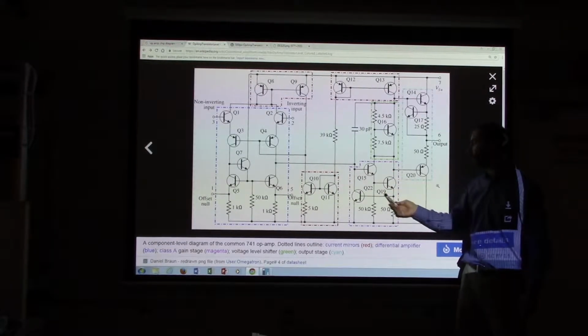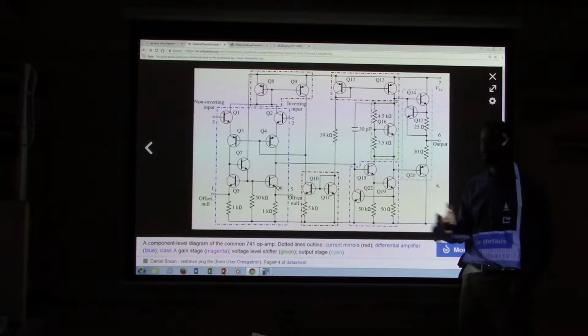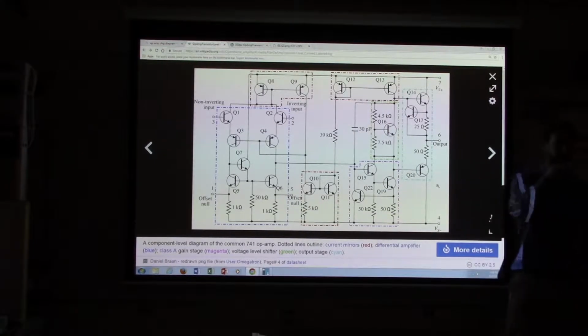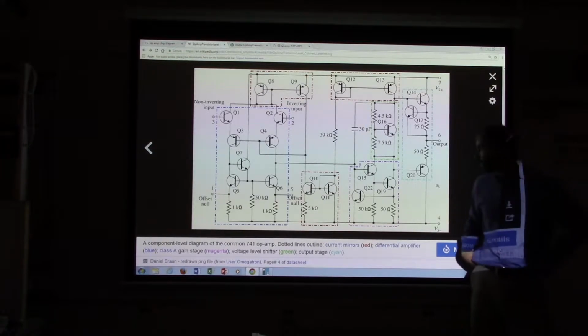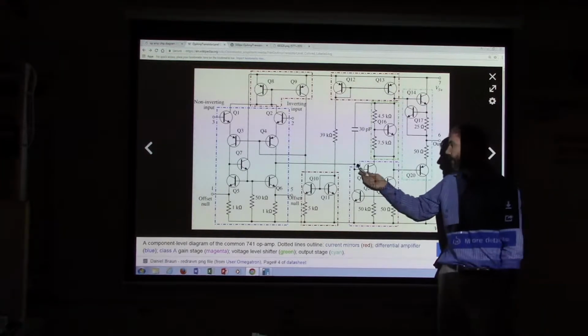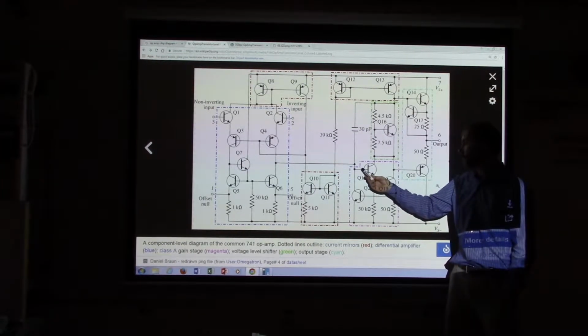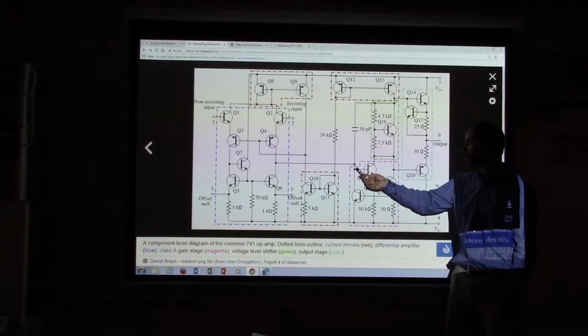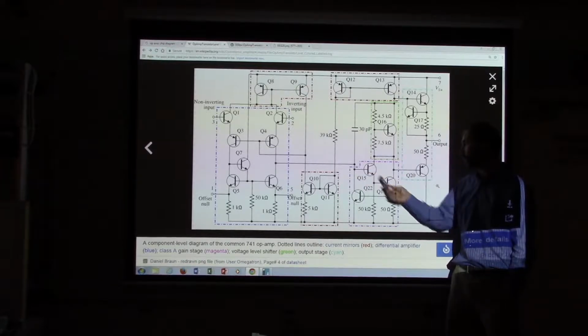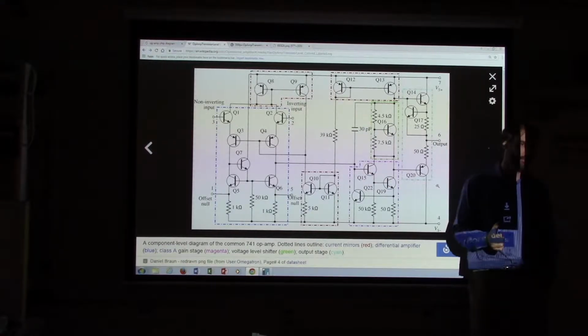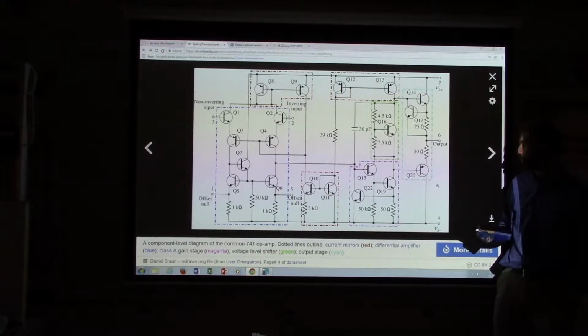Do you remember what we call it when we have 2 transistors configured like that? That's right, a Darlington pair. You remember that that is a configuration which provides a very, very large amplification from the input current to the output current, right? So you know a little bit about that.